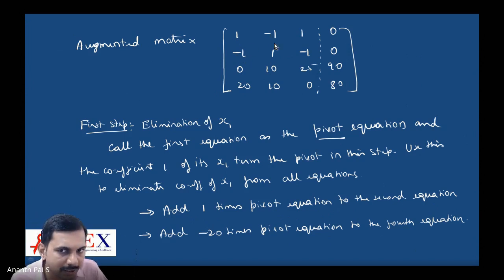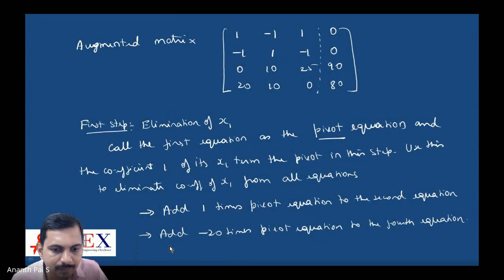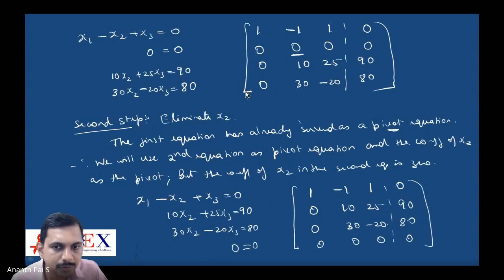Minus 1, 1 plus this one, minus 1. So all will become 0 here. Next, add 20 times the pivot equation to the fourth equation. So you get 0, 30 and minus 20.